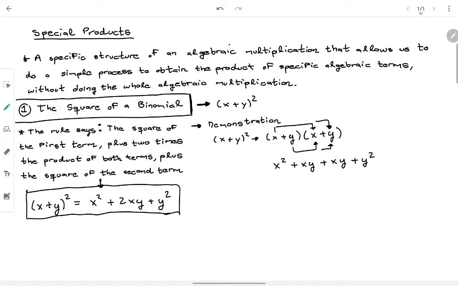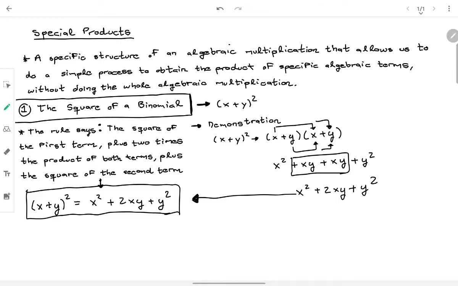So we have two like terms, xy plus xy. That's why the rule will be x squared plus 2 times xy plus y squared. And this is the one that will help us to have the rule of a binomial squared.